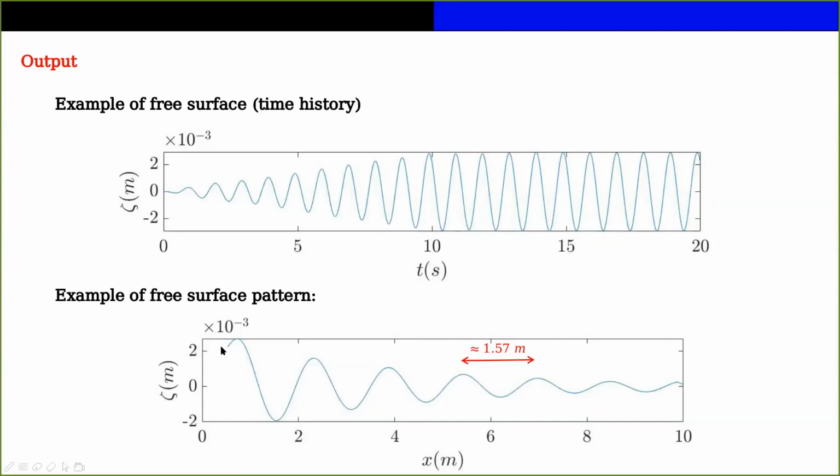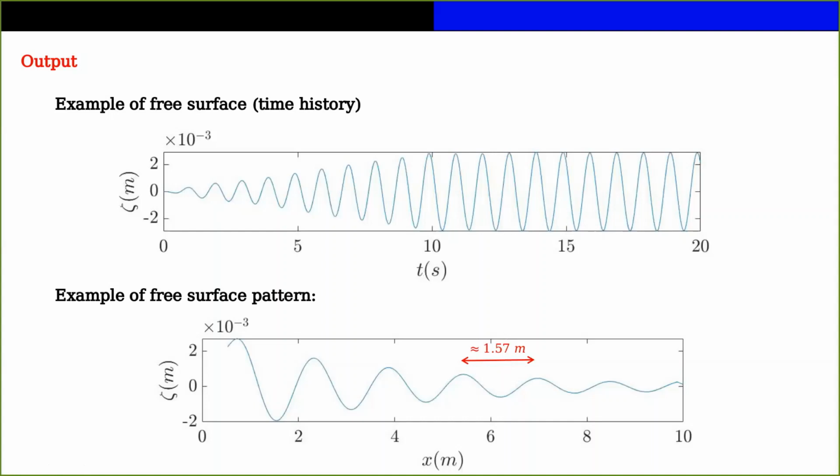And look over here, I've also sampled the water surface elevation at, I think, the last time step of the simulation. And I have just got the water surface elevation over the longitudinal direction. You can see that water waves are generated around the body, and the peak to peak distance is 1.57.